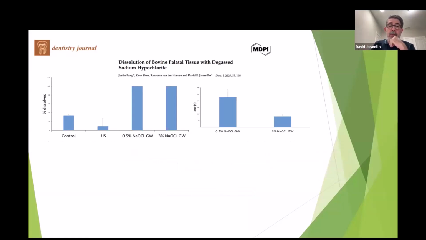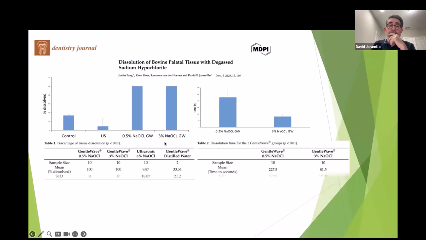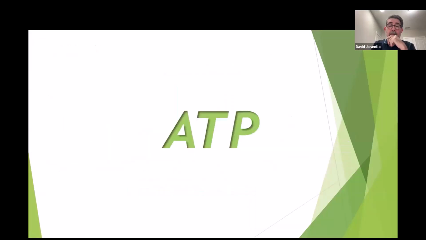If you remember the model, we work basically with the same amount of solution. So that was the difference. Now, a lot of people have asked me about the ATP. ATP, as you know, is the source of energy that any cell needs or produces to function.